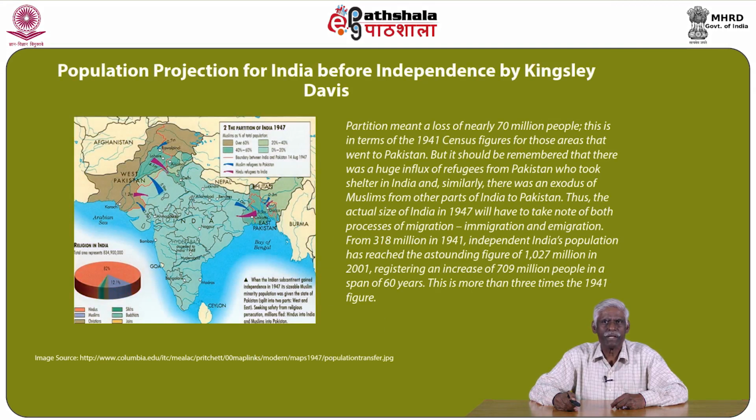Partition means a loss of nearly 70 million people, in terms of 1941 census figures for those areas that went to Pakistan. But it should be remembered that there was a huge influx of refugees from Pakistan who took shelter in India, and similarly there was an exodus of Muslims from other parts of India to Pakistan. Thus, the actual size of India in 1947 will have to take note of both processes of migration, that is immigration and emigration.